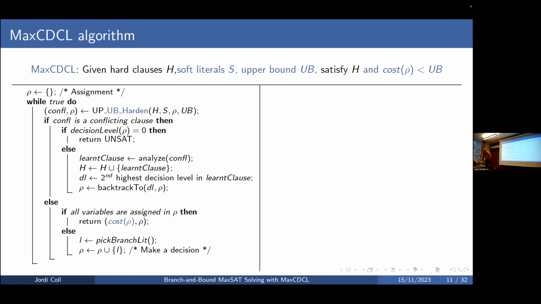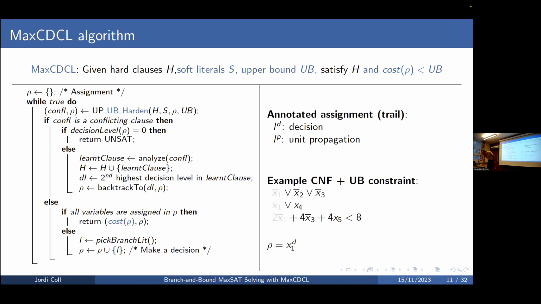Also, we have what is typically called hardening in the MaxSAT or especially in the core-boosted literature. But hardening is nothing else than just using propagation on this constraint. Meaning that, for instance, if I decide x1, then I propagate x4, I decide x2, I propagate x3, and now it's obvious that this literal must be false. Otherwise, I will falsify this constraint.